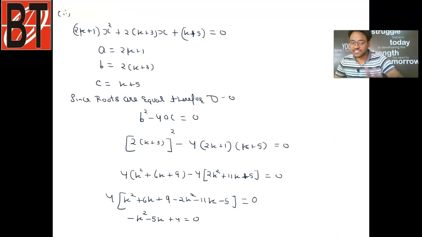Okay, don't confuse, students. I just multiplied by minus 1, or you can just think I just changed the sign of each term. Okay, now students, just observe, this is nothing but a quadratic equation again, but this time the variable is k.